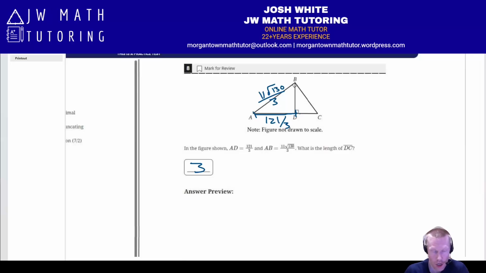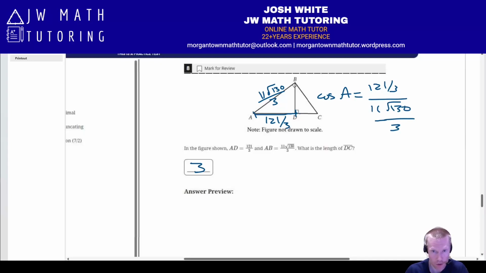First thing I would do is find the measure of angle A, because I know that the cosine of A is equal to the adjacent side over the hypotenuse, 121 over 3 over 11 root 130 over 3. If you do that for A on your calculator, you're going to get something like 15.255.